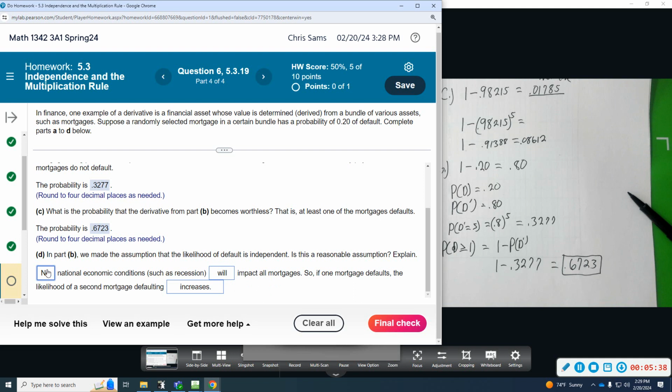So the assumption of independence would not be good in this scenario where we have a recession. They will impact all the mortgages. If one defaults, the likelihood of a second defaulting increases, it does not stay the same. Saying increases if they're dependent.